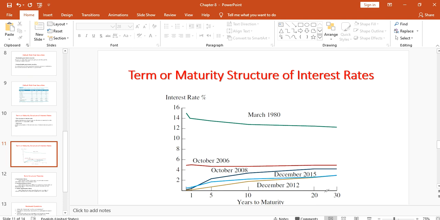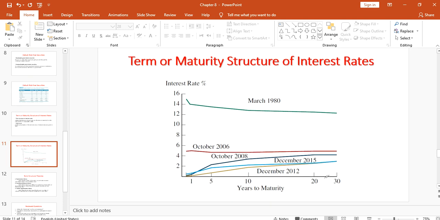These are the rates and these are the periods. Like during the 1980s, exactly in 1980, the 1 year rate was high, but longer maturities were lower, and it was 16% at that time. But what about later on?